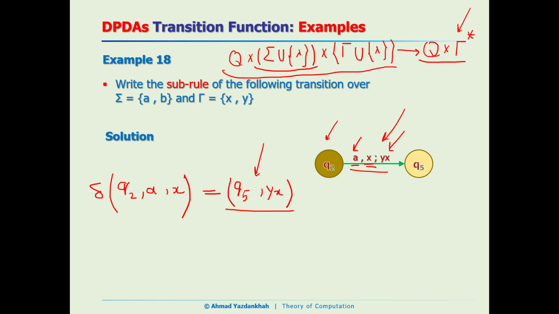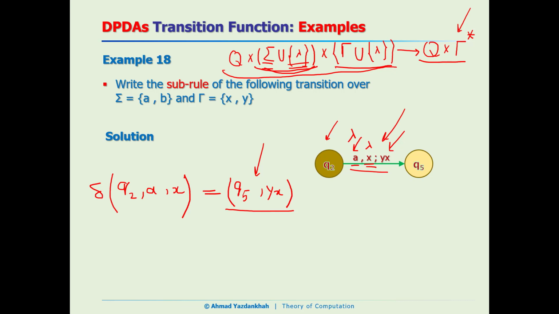Now let me ask this question. Why do we need this lambda? Because we can put lambda here, right? And since lambda is not part of the alphabet, we need to union that. How about this one? The same thing. We can put lambda here as well, and lambda cannot be part of the gamma, right?